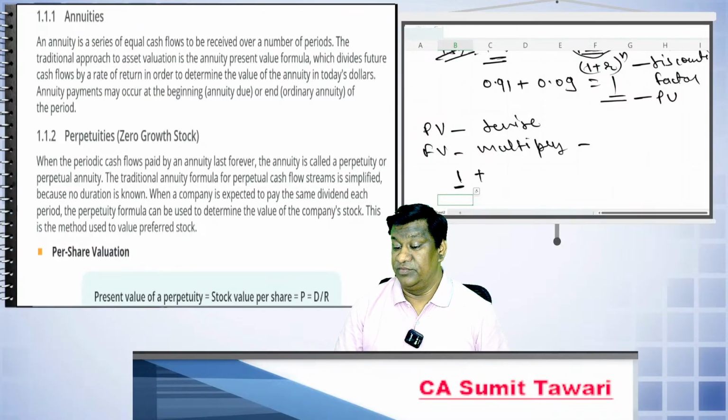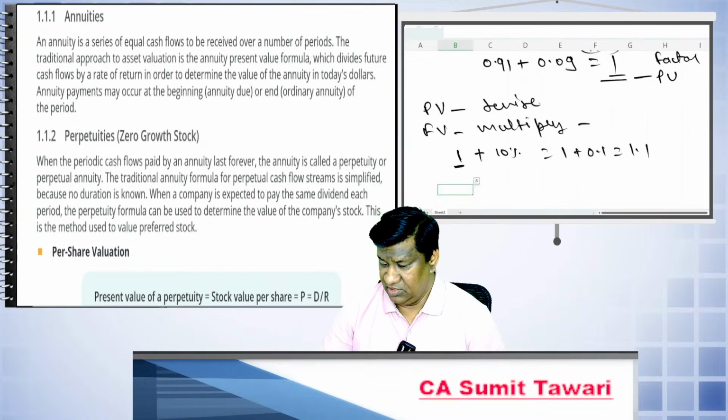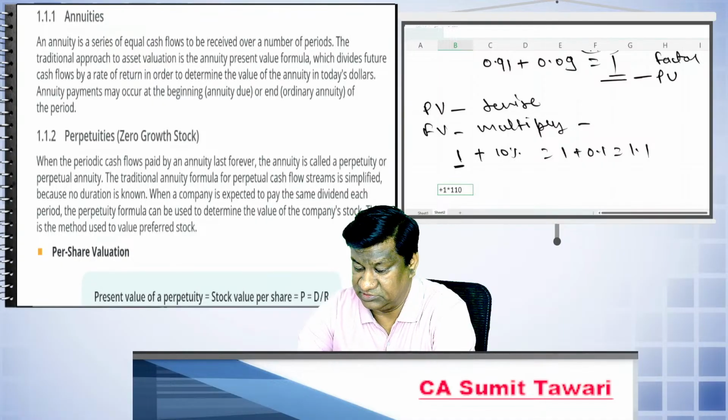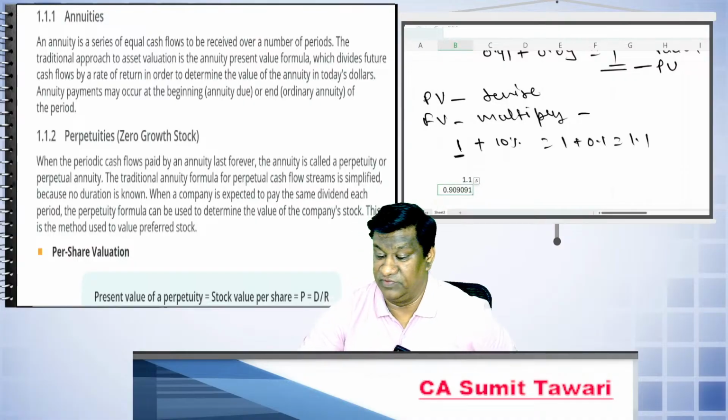It will earn 10%, so 1 plus 0.1 equals 1.1. The same way, 1 multiplied by 110%, or 1.1. So this is 1.1, and if you divide 1 by 1.1, then it is 0.91, like this.